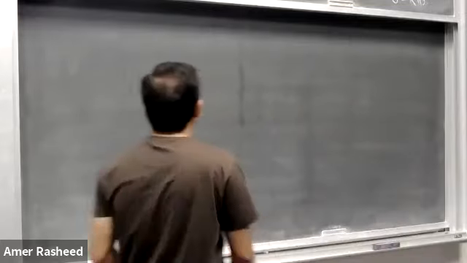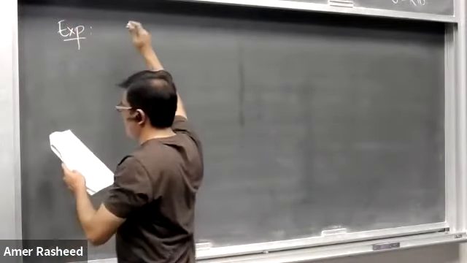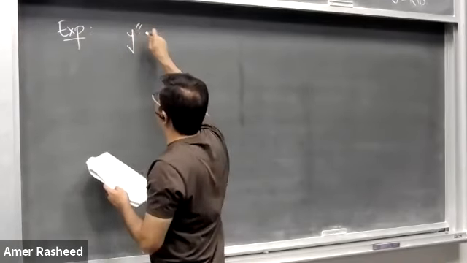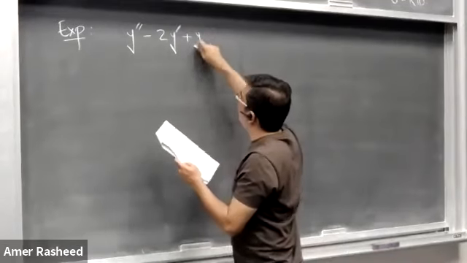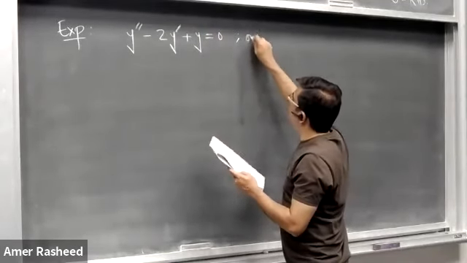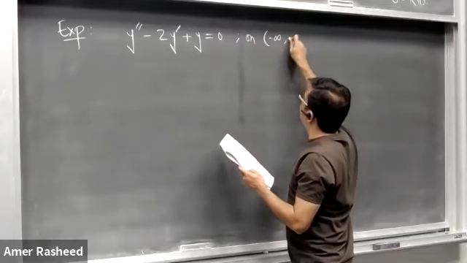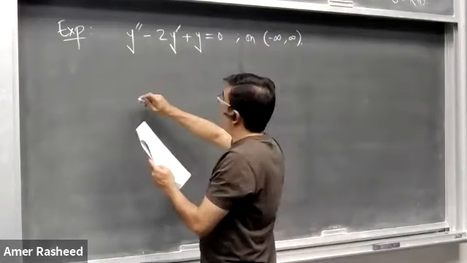For example, take one more example, in which the order is not 1 but 2. For example, the differential equation is y double dash minus 2y dash plus y equal to 0 on minus infinity to infinity, meaning x belongs to this interval.